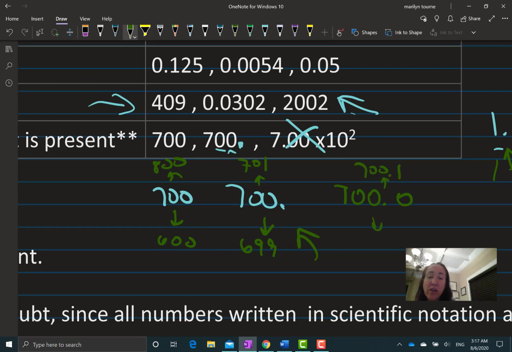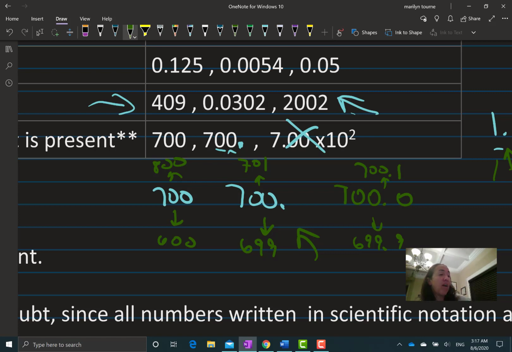That's the range up here, or down to 699.9. See how the range shrinks? And it's obviously better. The more significant digits you have, the more accurate and precise your data point is.